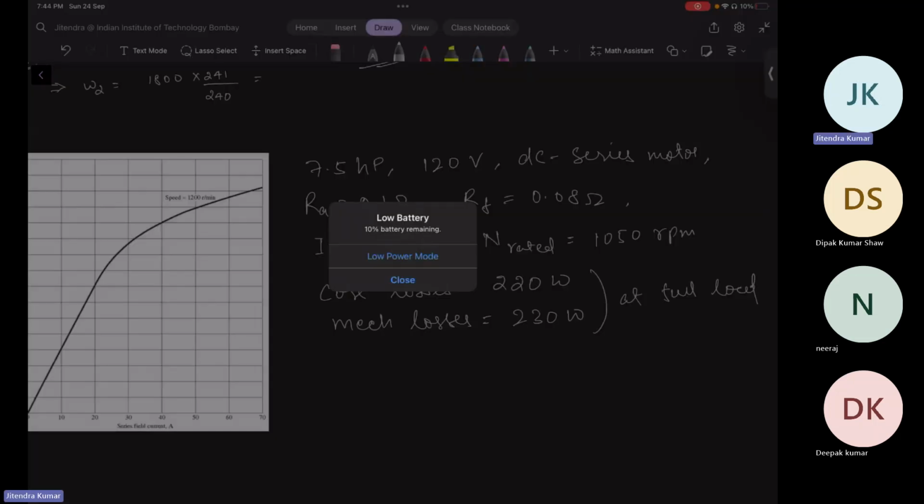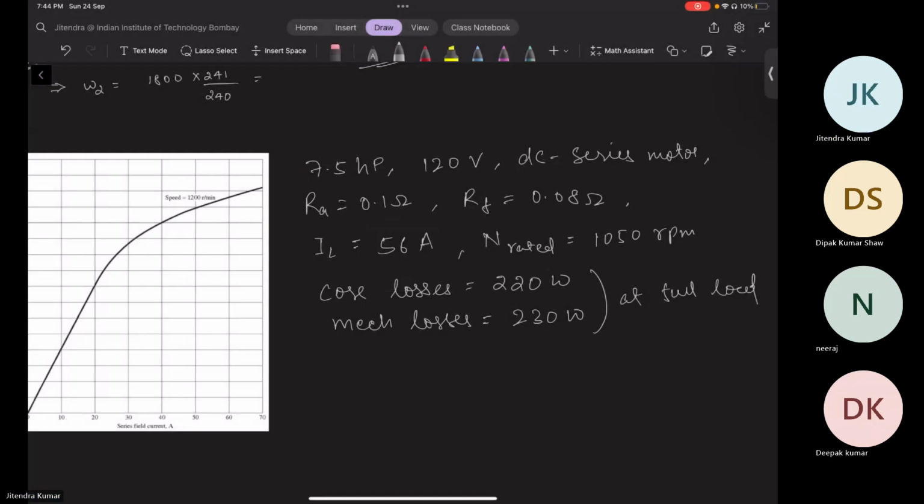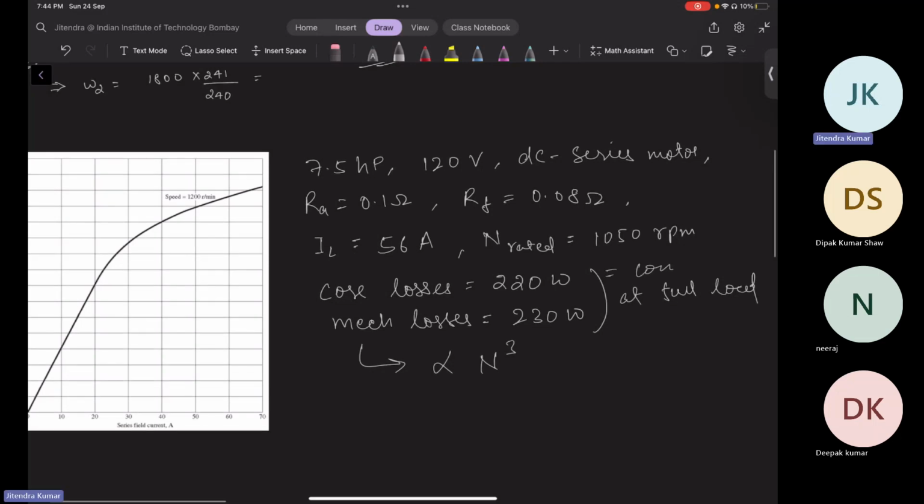Here we have to consider that the mechanical loss varies as the cube of the speed, and the core losses are constant.